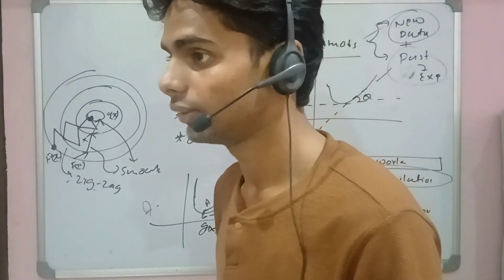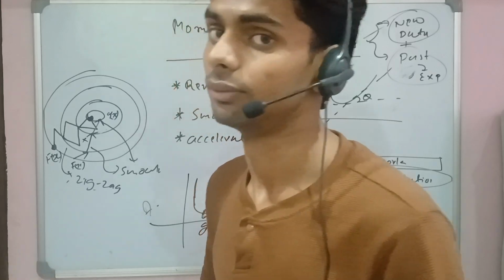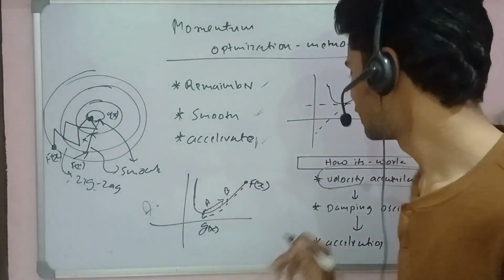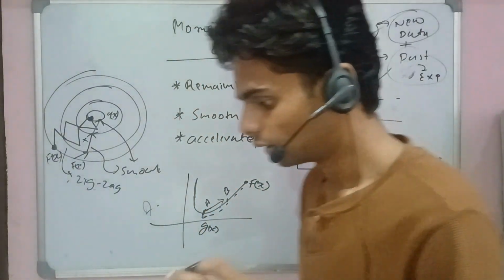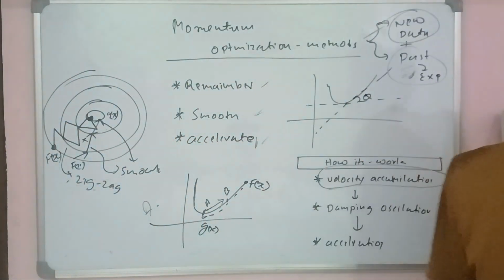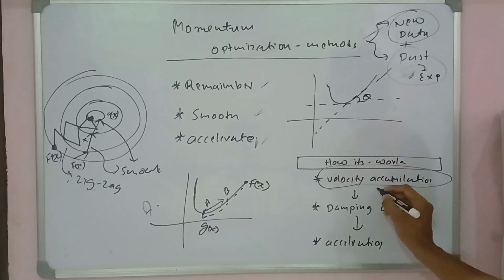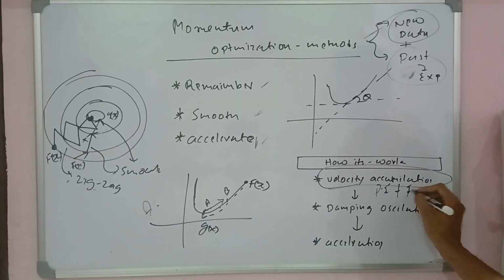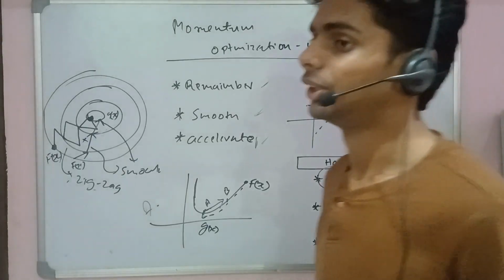By this way we take any predictive decision. So that's the velocity accumulation. First you decide how the step size looks, using past experience and fresh data.